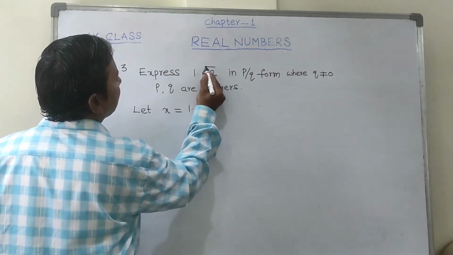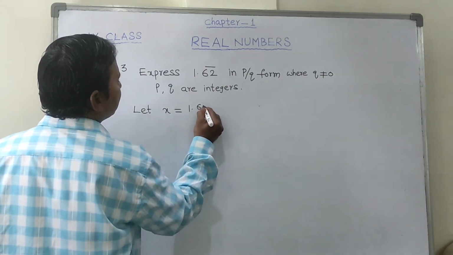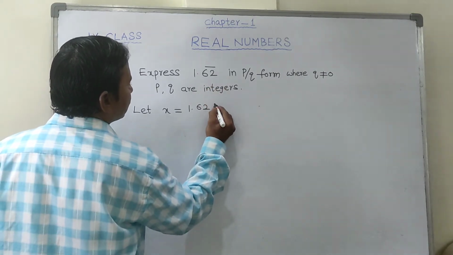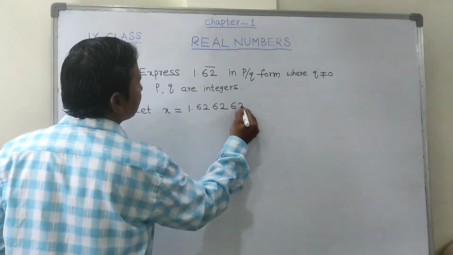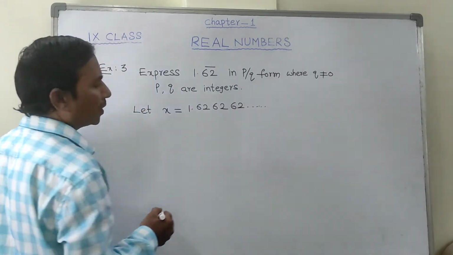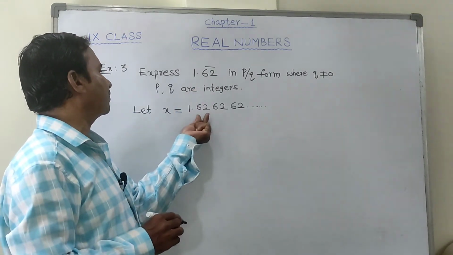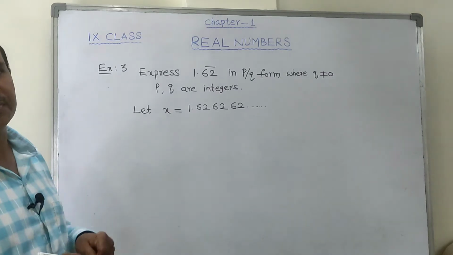Here, if you see, the bar sign is there for 2 digits, means the 2 digits are repeating. So here also we have to repeat the 2 digits like this, 1 or 2 more times. 62 is given, we have written it 2 more times. Why? Because it is repeating.